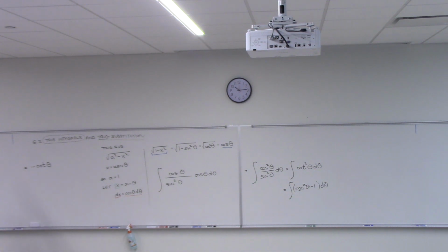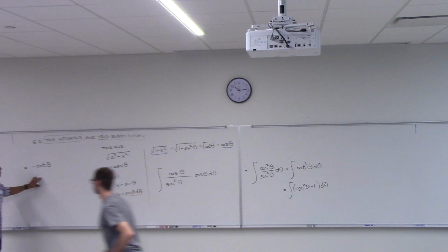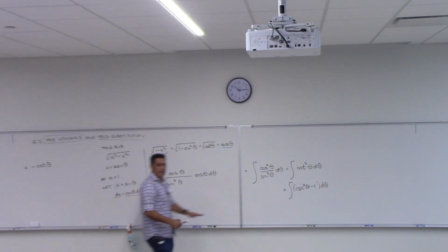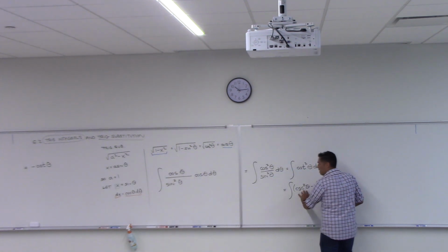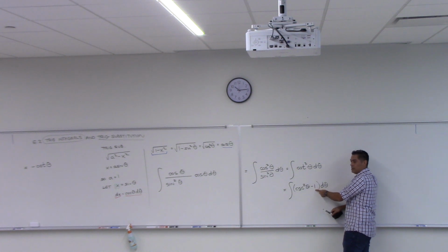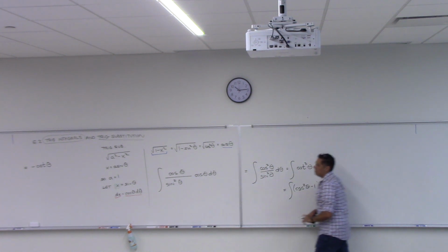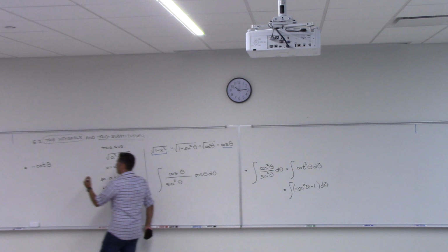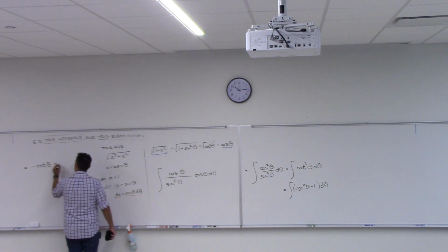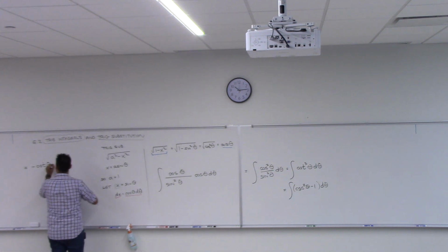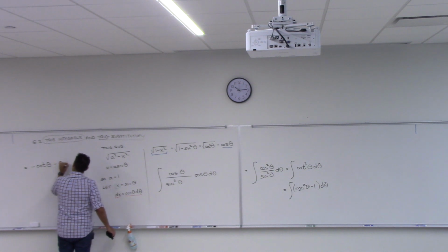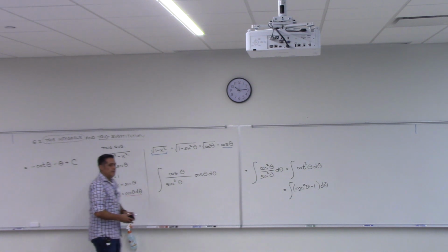Flip one more page over. Yeah, formula number 9. You see it? So I'm using formula number 9 to do the antiderivative of this. And then minus theta, plus c.